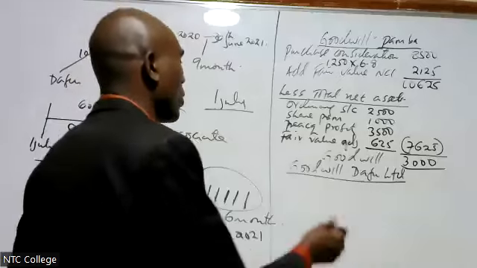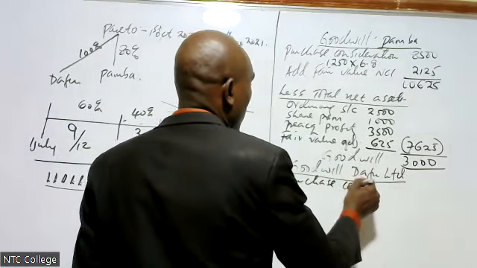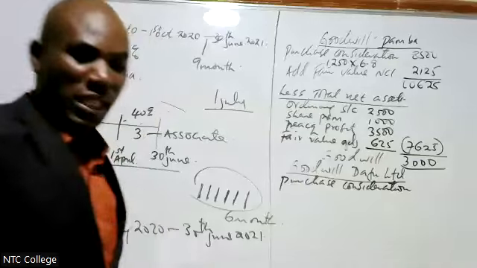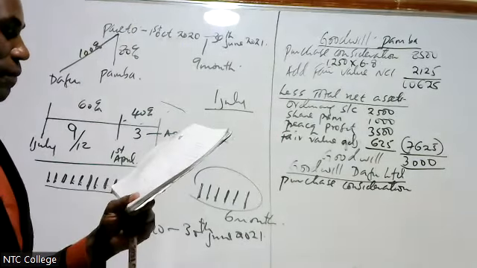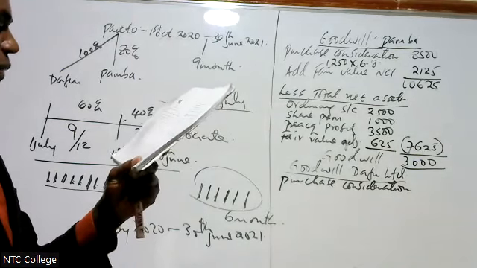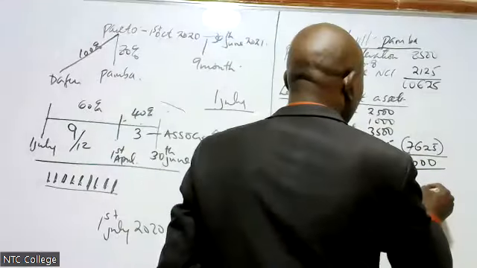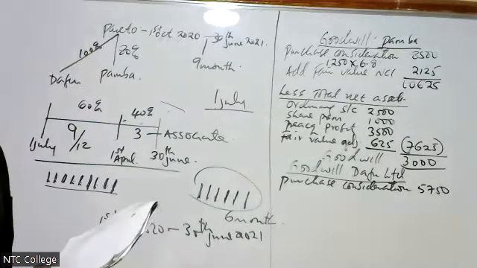Therefore, I will take purchase consideration. Purchase consideration in note number 3 was 5750. That's the cost of investment.